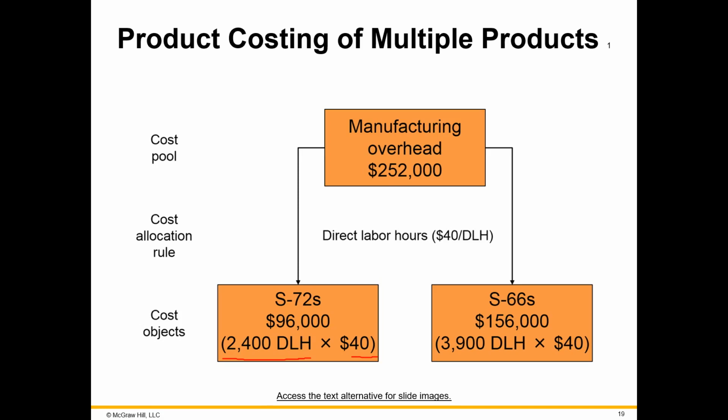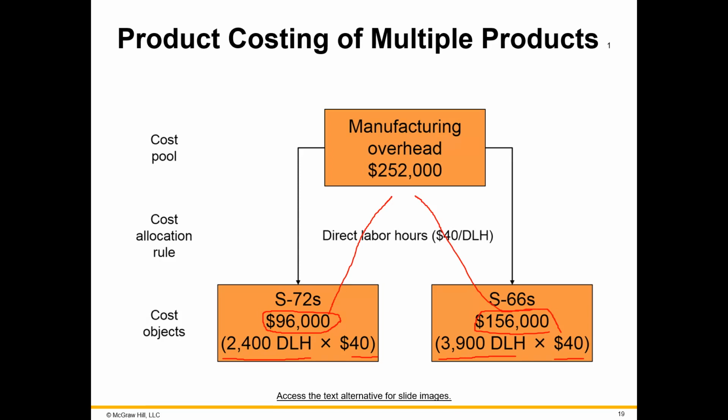And for the 66-inch line, it incurred 3,900 direct labor hours. So we're going to multiply 3,900 times the $40 predetermined overhead rate to get $156,000. And so to check your work, if you take the $96,000 plus the $156,000, you get your $252,000 manufacturing overhead total.